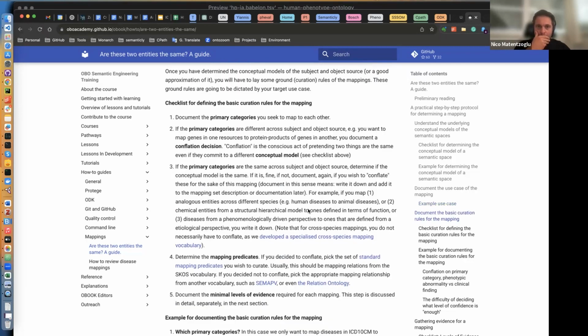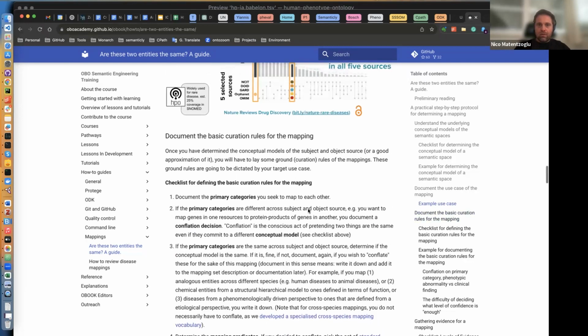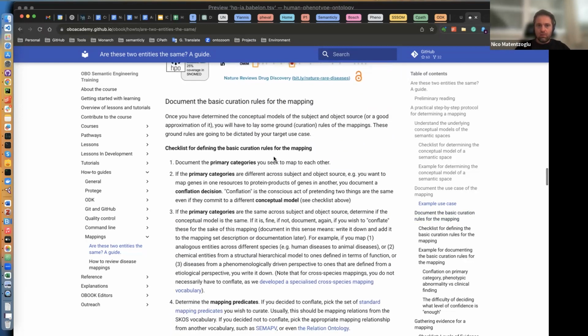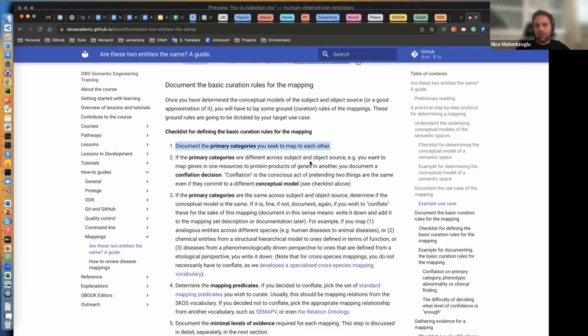All right. Okay. So now the basic curation rules. We decide, of course, which kind of primary categories we want to map to each other. Not all of the terms in the semantic space we are looking at may be relevant to us. For example, in Mondo, we only care about diseases. So when we align an external resource with Mondo, everything that's not a disease, we are not aligning, so we exclude that.